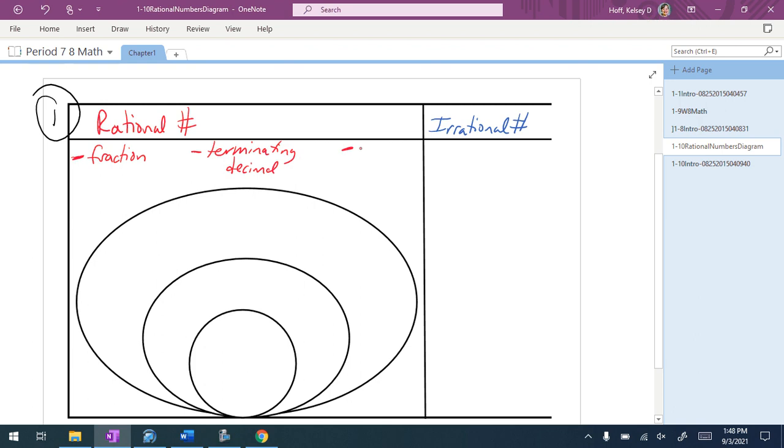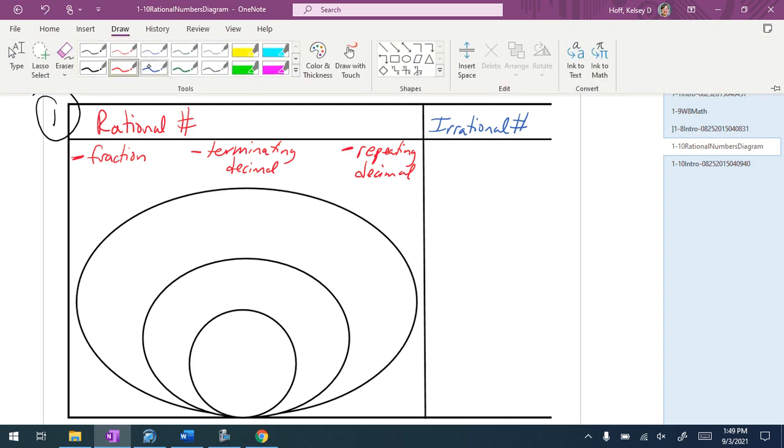It could be a repeating decimal. So when you look at a number, the first thing you're going to say is, is it rational or irrational? And you're like, well, is it a fraction or a terminating decimal or a repeating decimal? If you say, oh yeah, it is, then it's going to fall into the rational category.